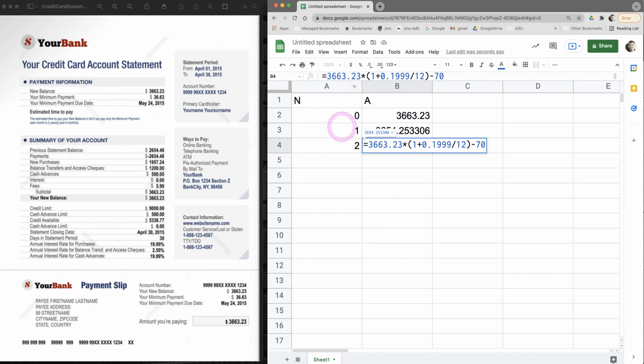Sorry, let me go back. I don't know why that didn't work. Hold on a second. Let's try to type that formula again. Maybe we don't have enough of a pattern. We wanted to take this amount.